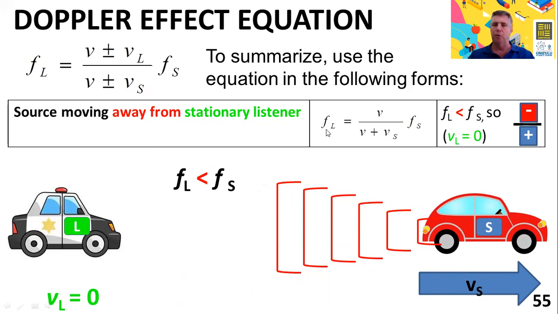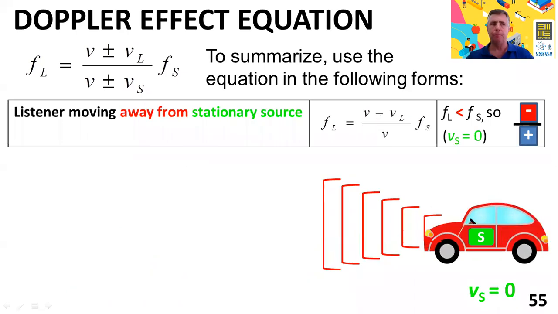If we want FL to be less than FS, then that fraction needs to be less than 1. So then we need the form with minus over plus. And so at the bottom where you have 2 terms, you will choose the plus sign in order to make that fraction less than 1.